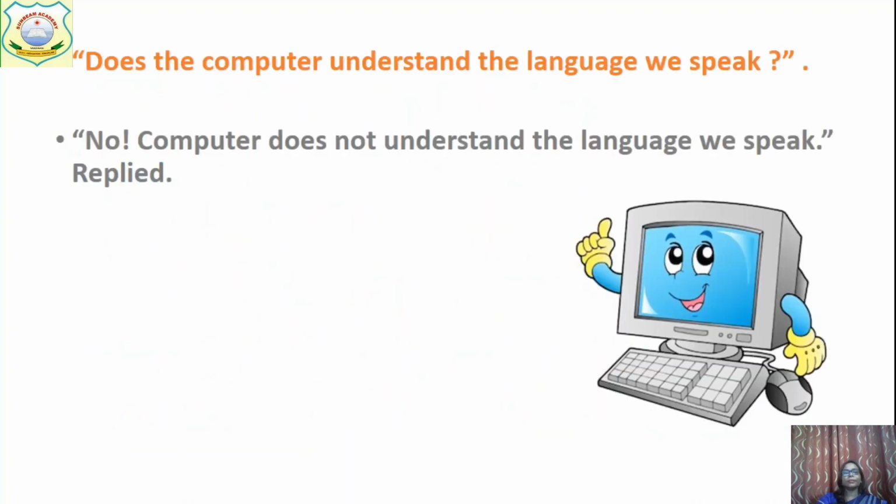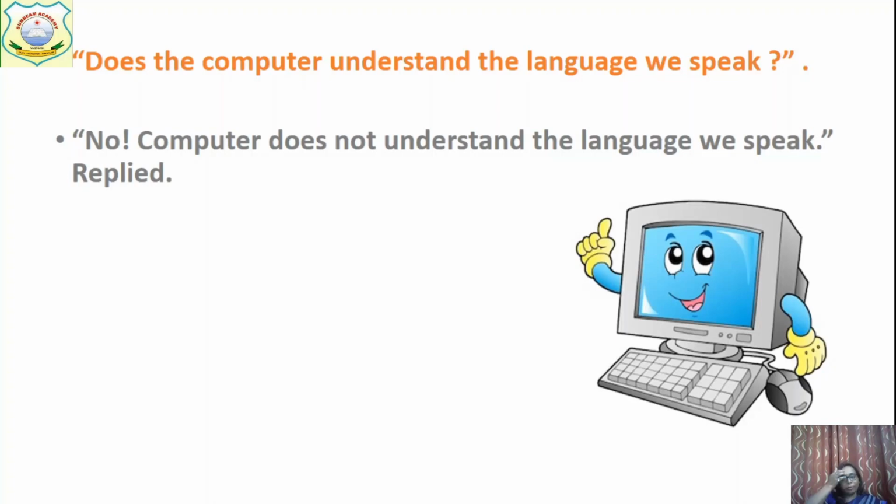Okay students, now the same thing that I told you earlier: does the computer understand the language we speak? No, the computer can understand only one language, that is binary language. Binary language is made up of 0 and 1.